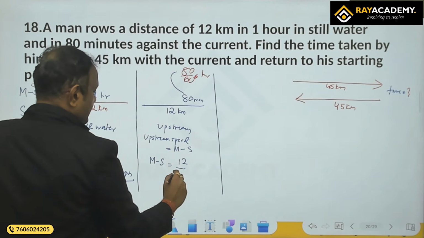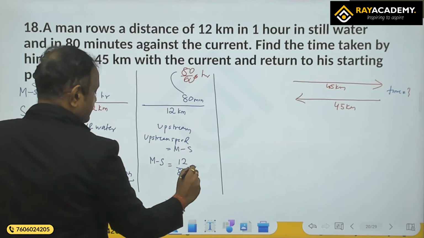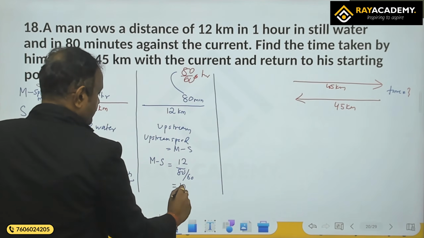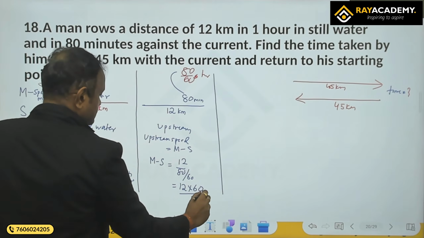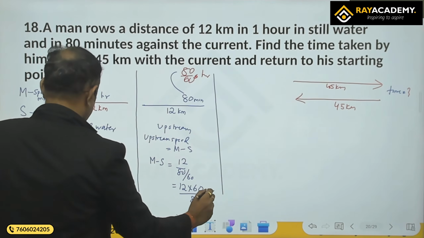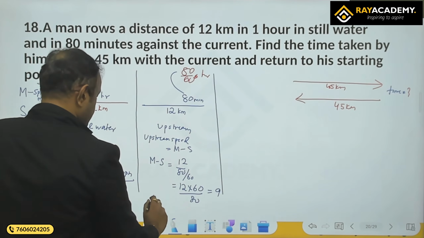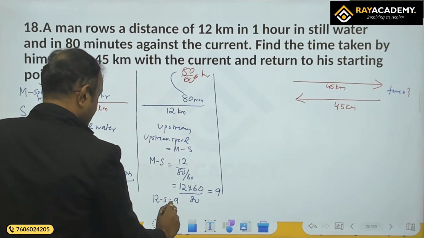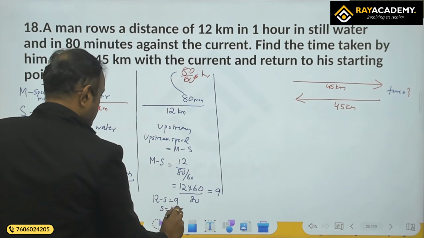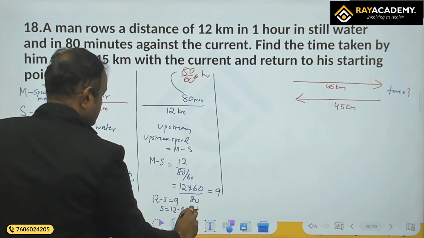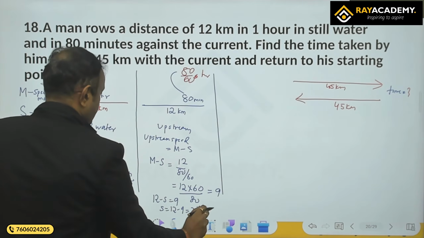So 12 divided by 80 by 60. Solving, 12 into 60 divided by 80, that is 9. So 12 minus s equals 9. So s equals 12 minus 9, that is 3 kilometer per hour.